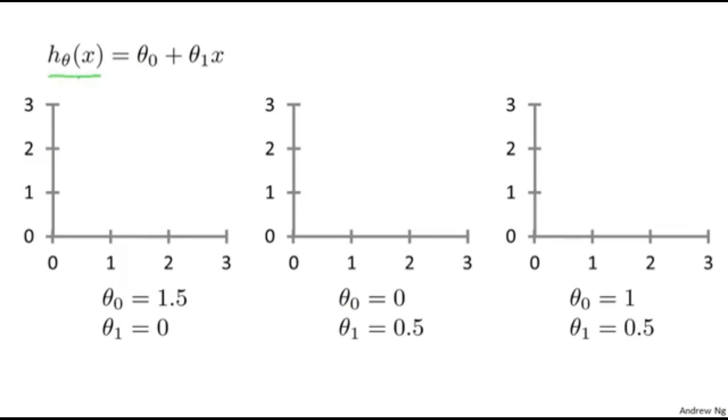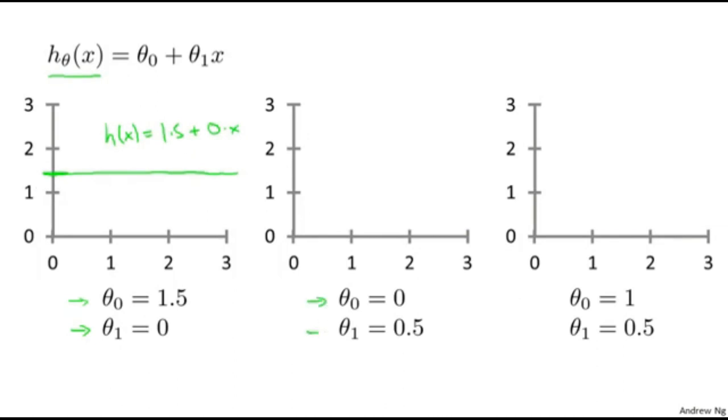With different choices of the parameters theta 0 and theta 1, we get different hypothesis functions. I know some of you will probably be already familiar with what I'm going to do on this slide, but just to review, here are a few examples. If theta 0 is 1.5 and theta 1 is 0, then the hypothesis function will look like this. Right? Because your hypothesis function will be h of x equals 1.5 plus 0 times x, which is this constant valued function that's just flat at 1.5.